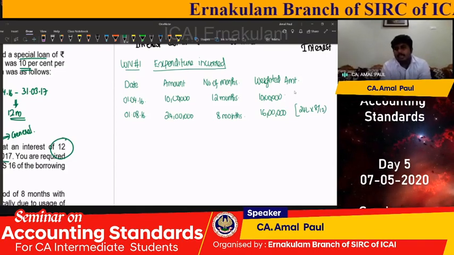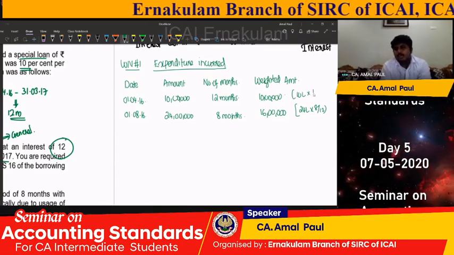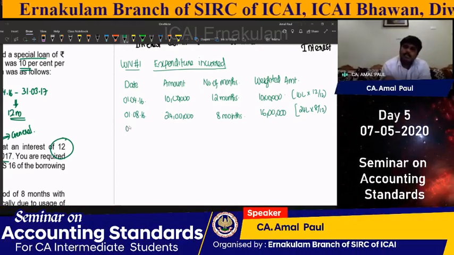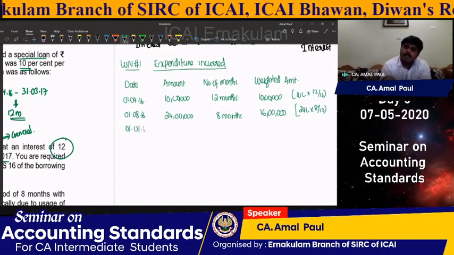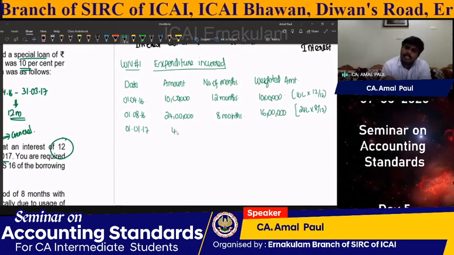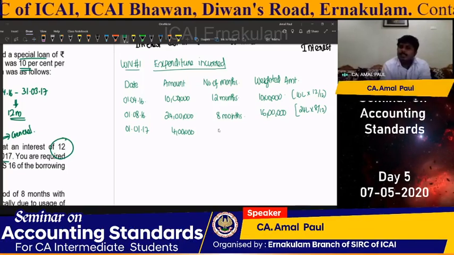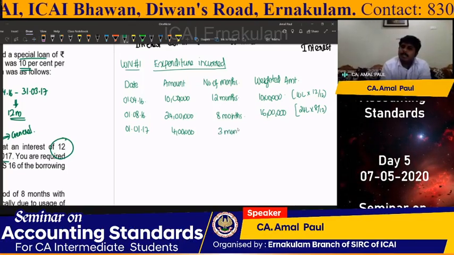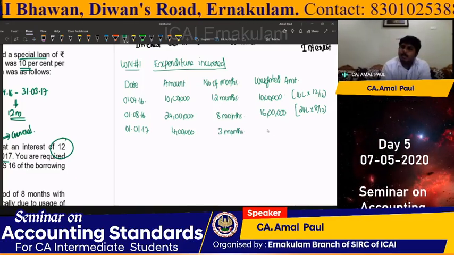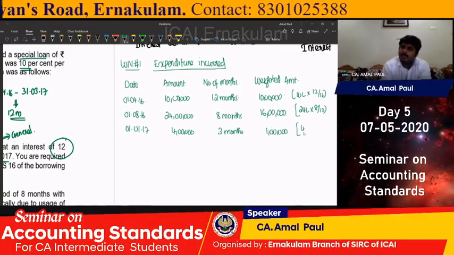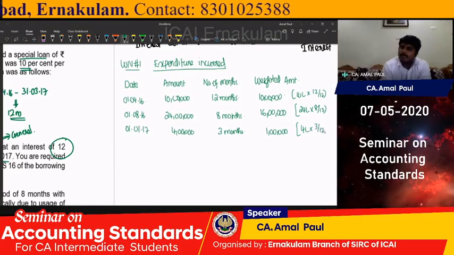Here it is 10 lakhs into 12/12. Then the next expenditure on 1/1/2017, they had incurred 4 lakh rupees. This was there for 3 months only. That means 1 lakh rupees will be your weighted amount, that is nothing but 4 lakhs into 3/12.